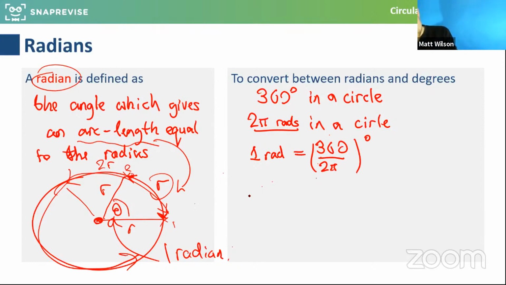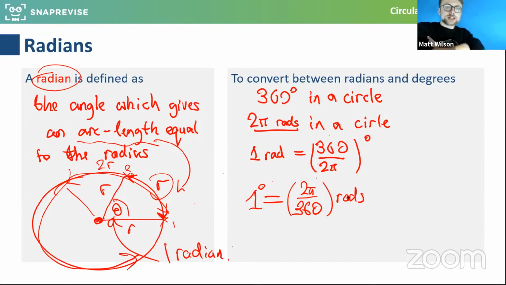So similarly, does anyone know what 1 degree is? So 1 degree is given by flipping the fraction. So we get 2 pi over 360 radians. So let's just do a quick example of using this conversion formula so that we know we've got it down.